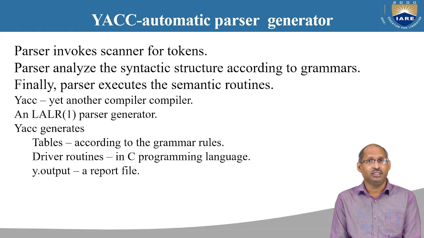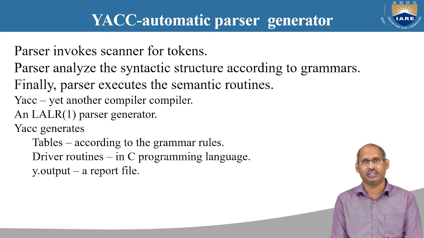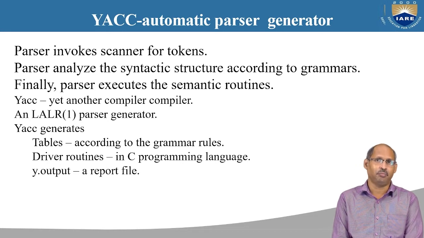So the scanner will generate some tokens that will be given to the parser. It will construct the parse trees and it calls the scanner to generate some more tokens. Meanwhile, the scanner will construct some more tokens and send them to the parser. So that is the communication between a scanner and parser.